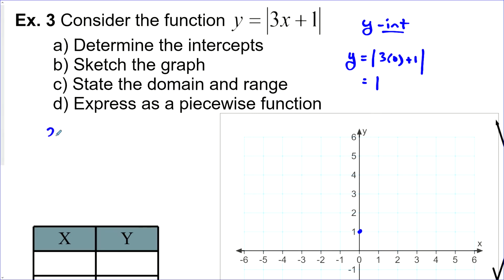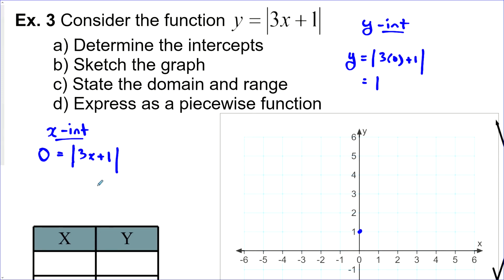Let's do the x-intercepts. That's when our y value is 0. And when I look at this, I'm taking the absolute value of this linear expression, and I'm trying to get 0. But the absolute value of 0 is just 0, so these absolute value brackets aren't doing anything useful.